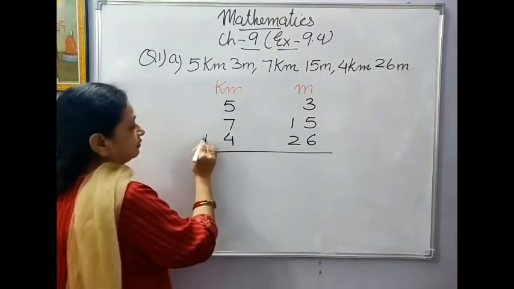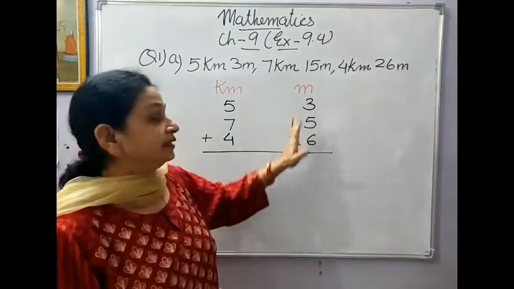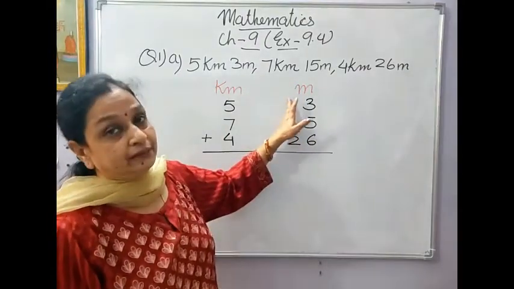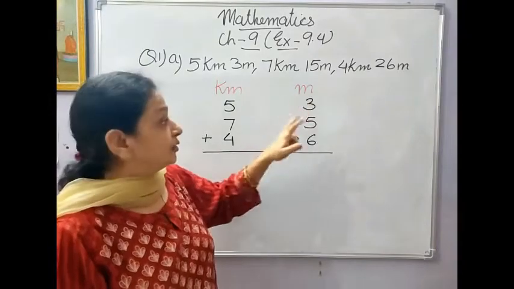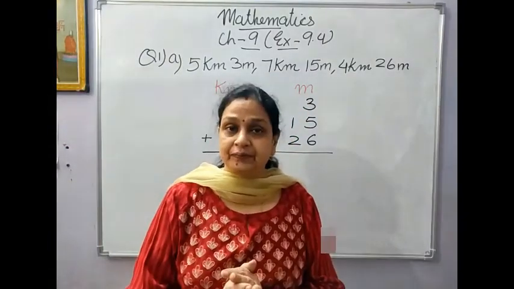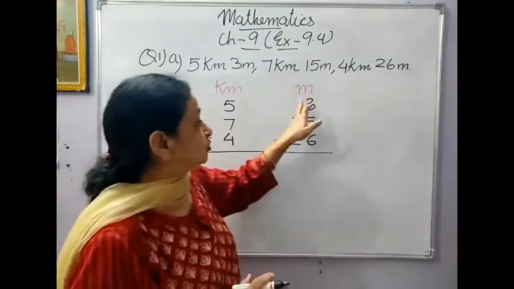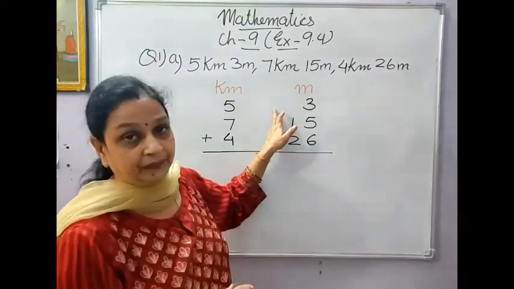Now before solving them, children, make it a habit of arranging them according to their units. Now you know that there are 1000 meters in 1 kilometer. So 1000 means how many zeros? 3. That means there should be 3 places over here.